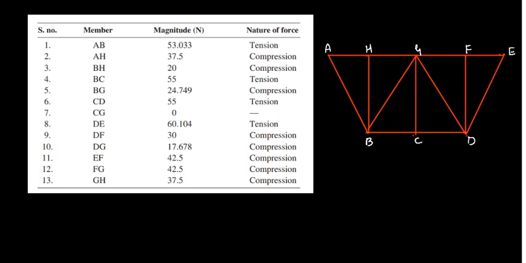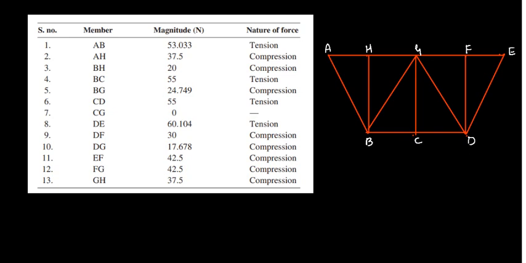Now what we need to do is make a list of all the forces, that is the axial forces or member forces acting on the truss, and write the nature of the forces. I have listed here whatever axial forces we have calculated.